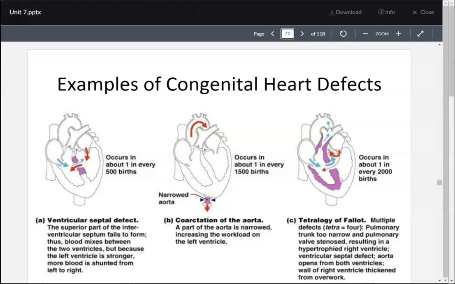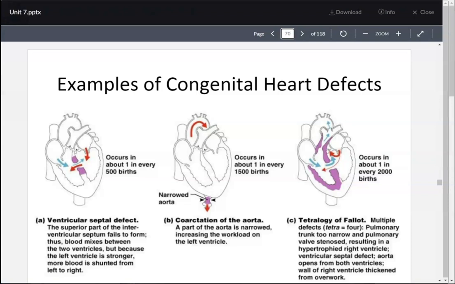So, coarctation of the aorta is when the aorta is naturally too narrow. So instead of being nice and wide open, it's too narrow. This is going to increase the resistance and therefore increase the amount of effort the heart has to do to get blood to go through there so it can get to the rest of the body. This is again about a 1 in 1500.